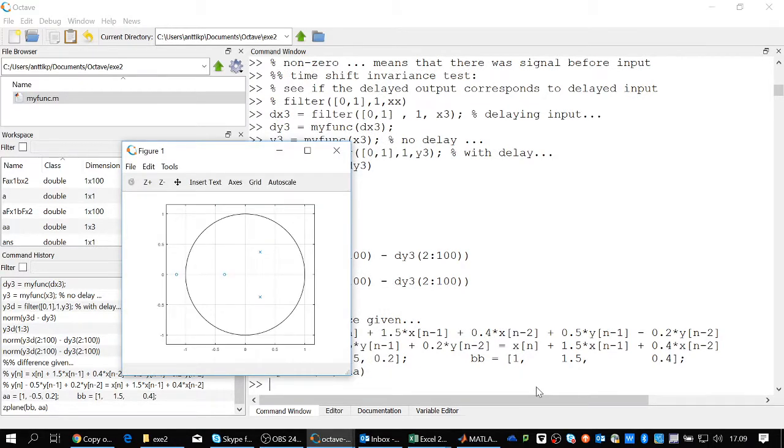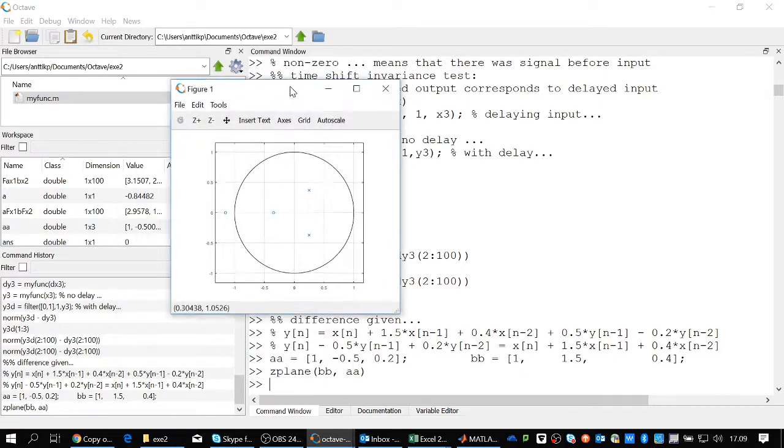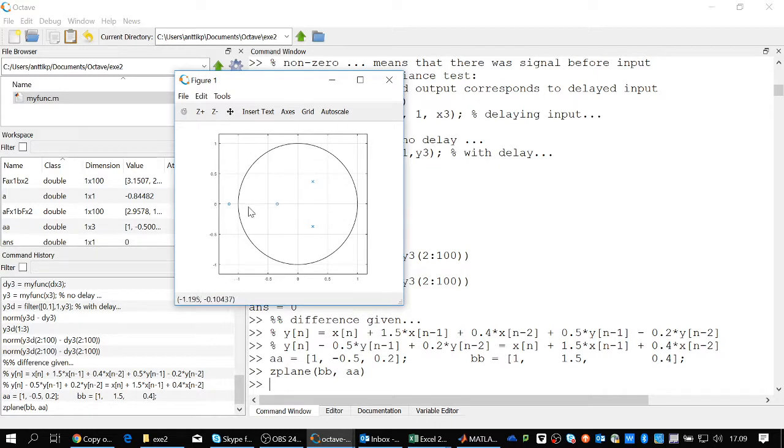Okay, those are the zeros and poles. And this is a stable system because zeros can be anywhere, and the poles are both inside of the unit circle. Simple. We can see that this is a stable system.